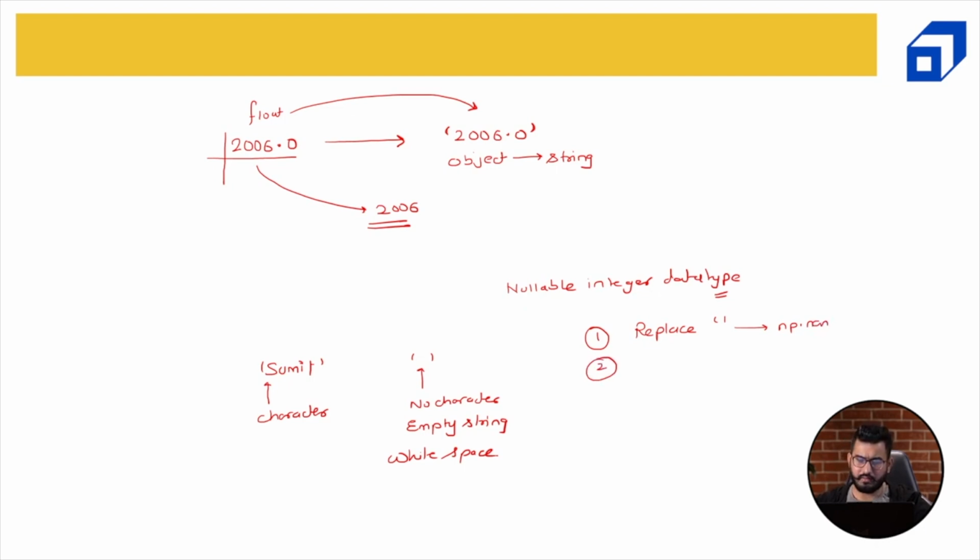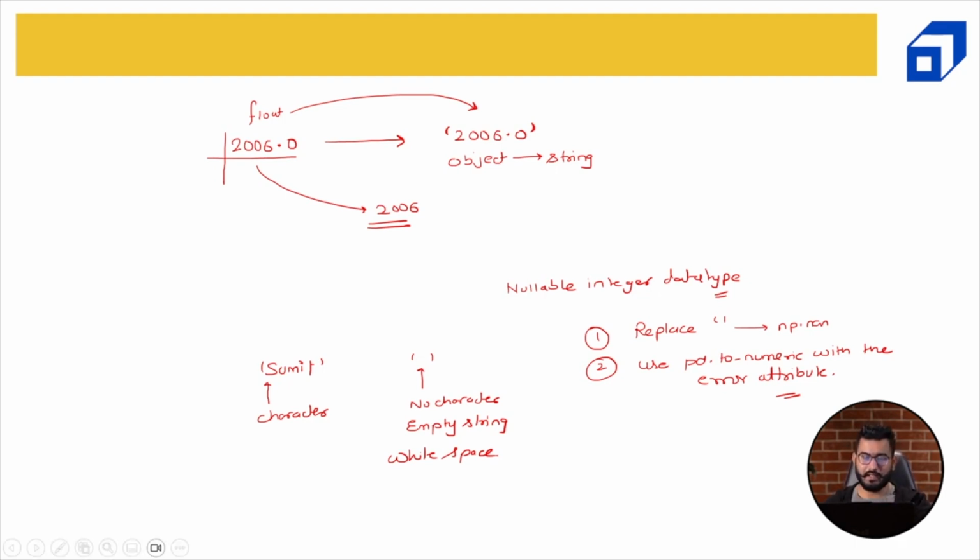The second solution is to use pd.to_numeric with the errors attribute. Now what is the meaning of this? Let's try to understand this. We will be using the second approach, where I am going to use pd.to_numeric with the errors attribute.